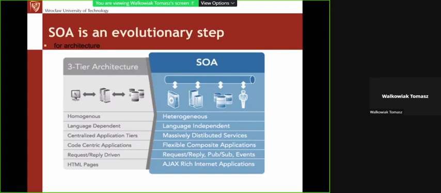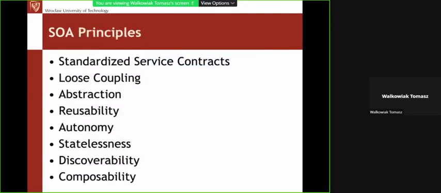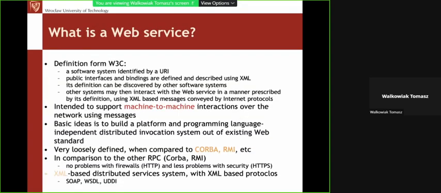It requires some techniques on the front end also. So it has a lot of principles enumerated here, very general statements like abstraction, autonomy, statelessness, okay, discoverability, okay, ideas, how to realize it.